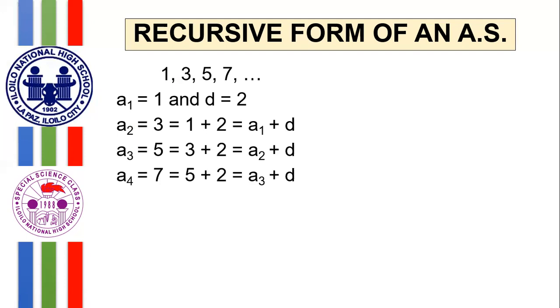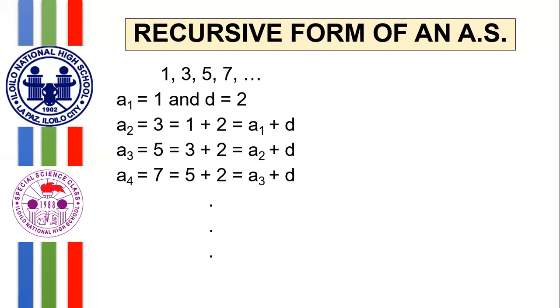How about the fourth term, which is 7? You could see that immediately before 7 is 5, and you added 2 to it. That's why I expressed 7 as 5 plus 2. But what is 5? It is a sub 3, plus your 2, which is your common difference. That is why a sub 4, or the fourth term, is equal to a sub 3 plus d.